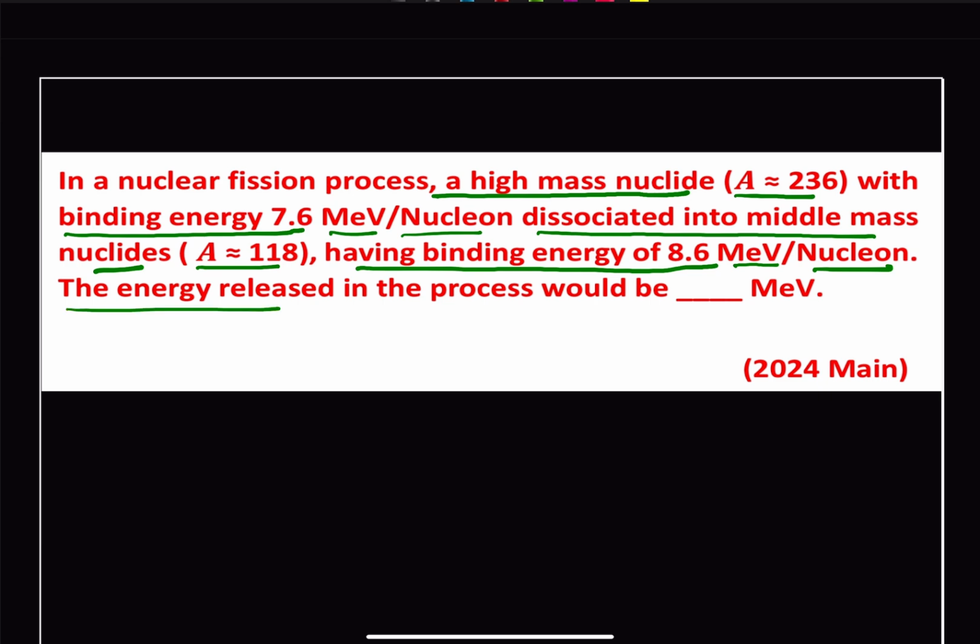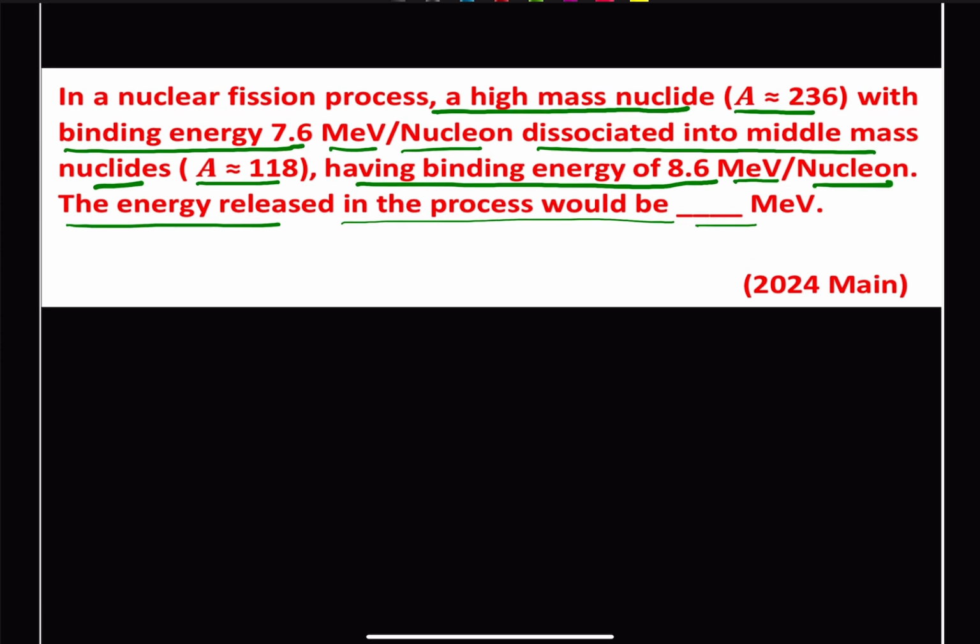The energy released in the process would be dash mega electron volt. So it means we have a high mass nuclei. Let us call that our initial nuclei.